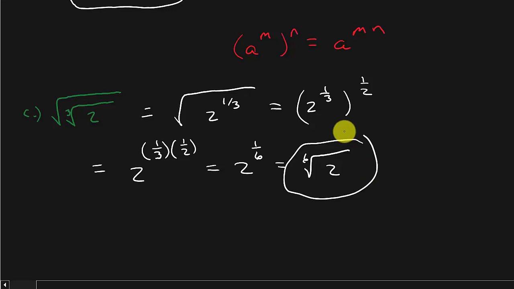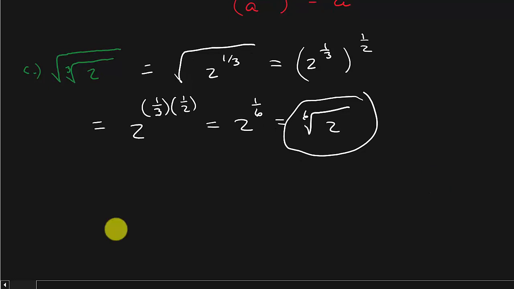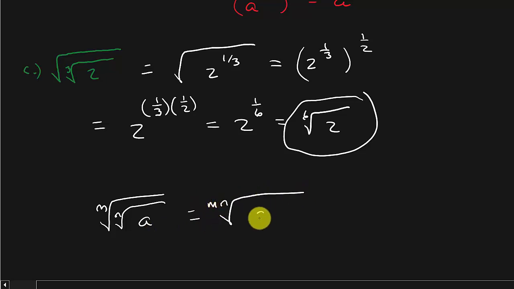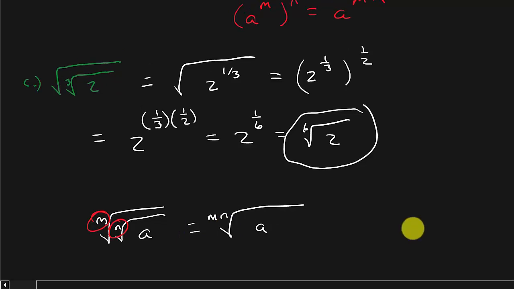Okay. Now, the formula I want to show you says if you have the mth root of the nth root of a, then that is equal to the m times nth root of a. So what it's saying is you just take the indexes, multiply them together, and that becomes your new index.